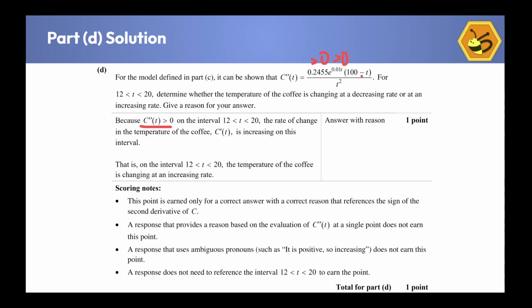And 100 minus t is positive because 12 and 20 are too little to change this to a negative number. So this is also positive. T squared is obviously positive. So, positive numbers getting multiplied and divided together will give us a positive number.